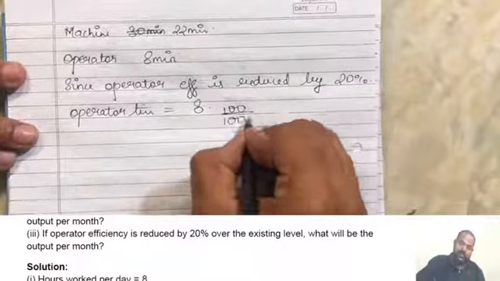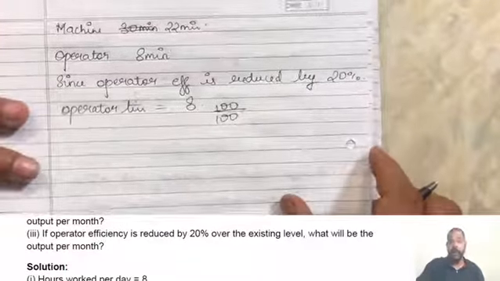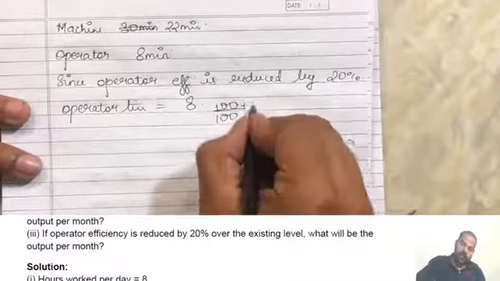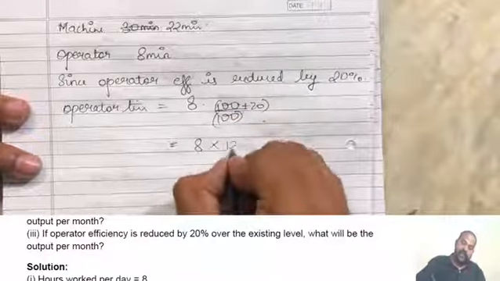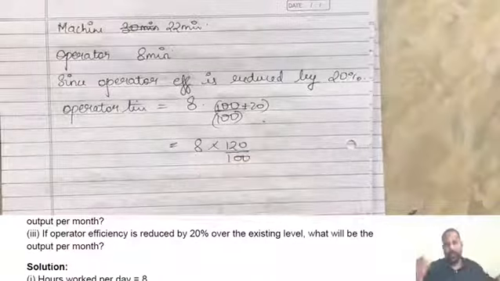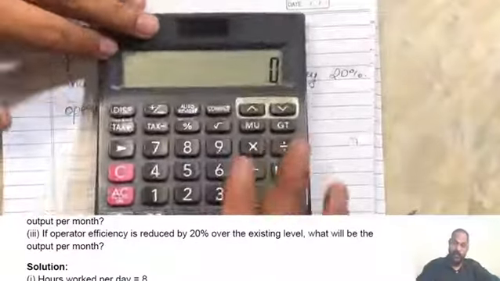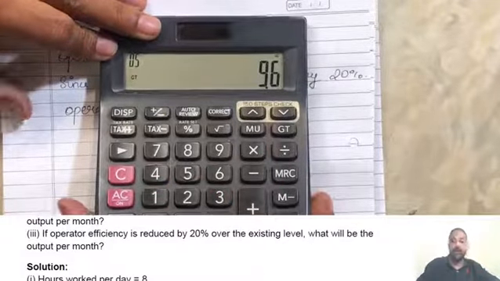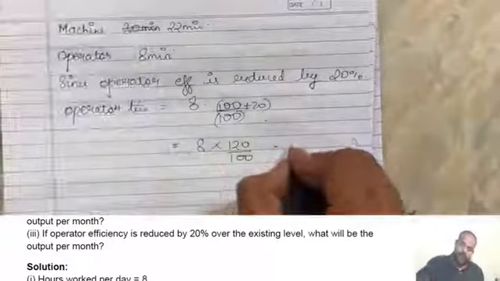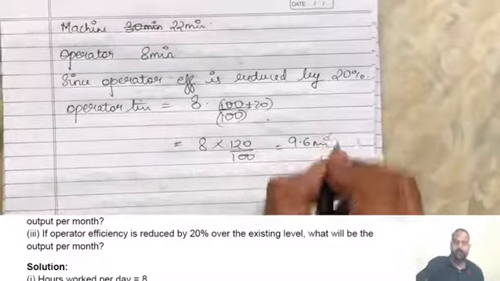You want to increase the time or decrease the time? Increase. By how much? 20%. Then add the 20 to the numerator. And that's your answer. It is 8 into 120 upon 100. What is 8 into 120 upon 100? 8 into 120 divided by 100 is 9.6. So the answer is 9.6 minutes.